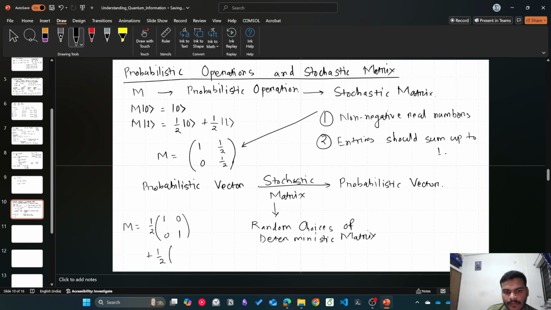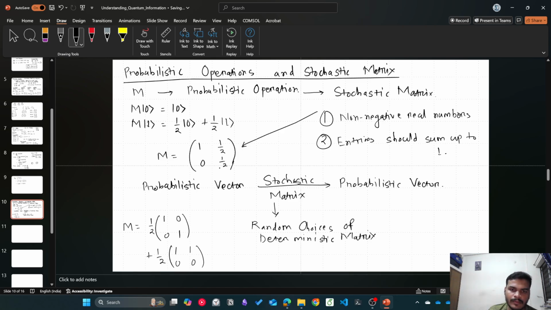plus half of another matrix. Oh, the 0 should be 1, because then only we can get a 1 there, because half plus half will be 1. Then there is another 1 here, and 0 and 0.